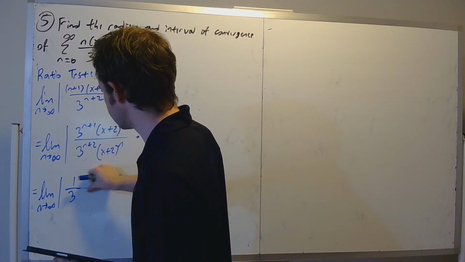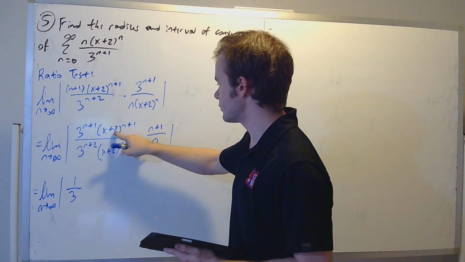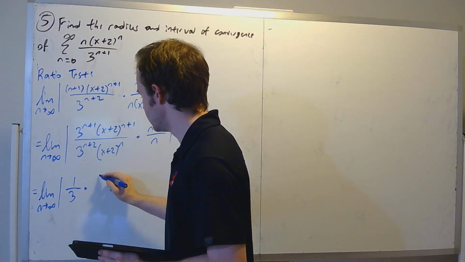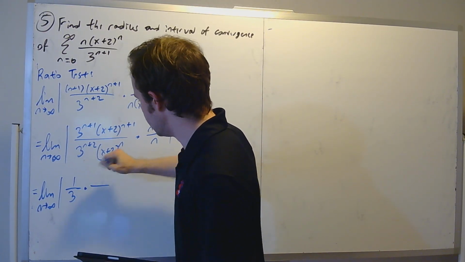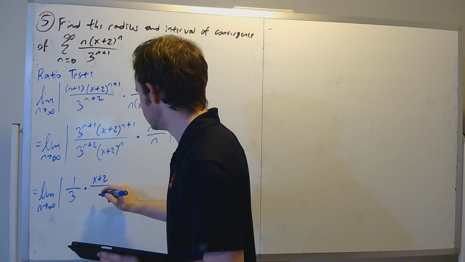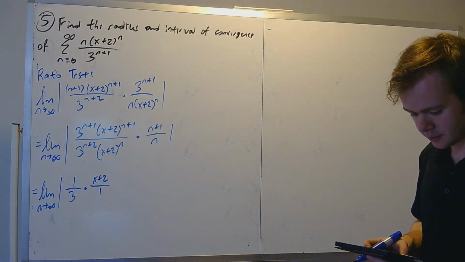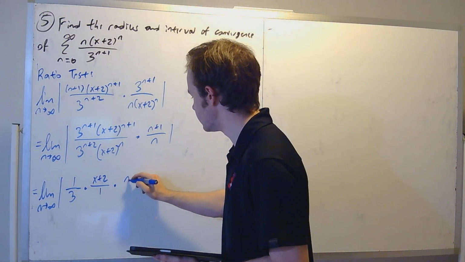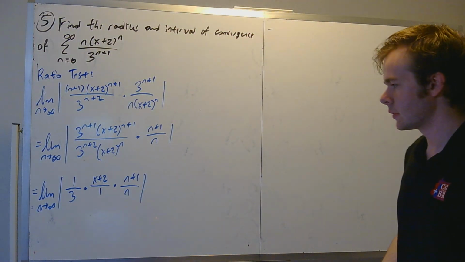If you cancel out (x plus 2) to the n, you're just going to be left with x plus 2 over 1. And you can't cancel anything out here, so you're just left with n plus 1 over n.